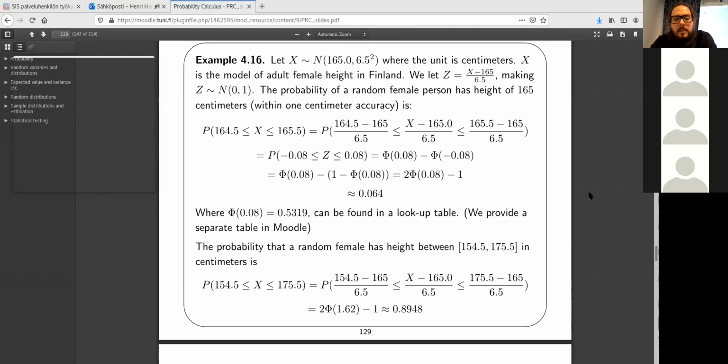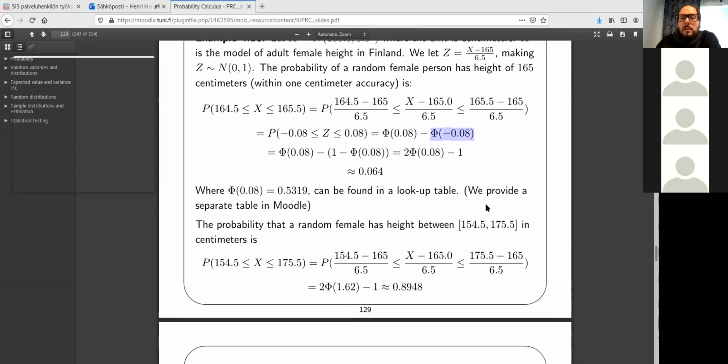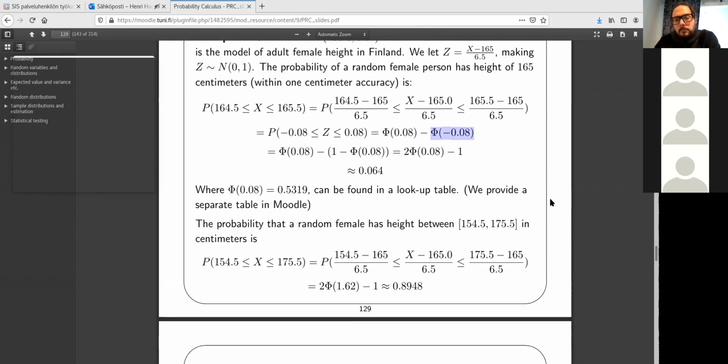We can calculate this from the lookup table by finding this 0.08, or we can use MATLAB to do this. We'll do this later. You can use normcdf: it's just normcdf(0.08) minus normcdf(-0.08). So they have about 6% chance of being average.